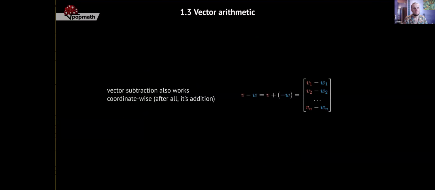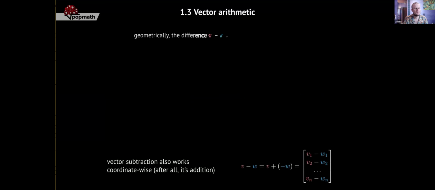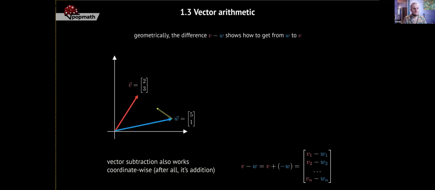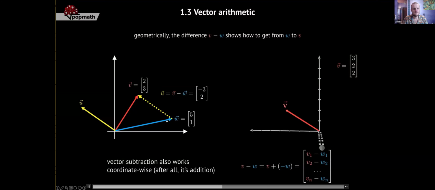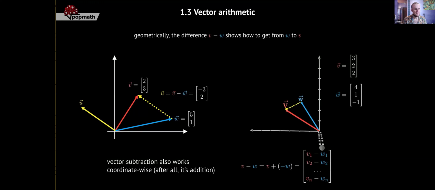So nothing fancy here. When it comes to subtraction, it also works coordinate-wise. The difference between two vectors shows you how to get from the second vector to the first, right? So what path we have to trace, how we have to move to get from W to U, right? It is this path. It works in any number of dimensions.